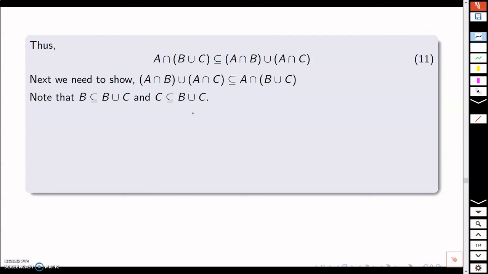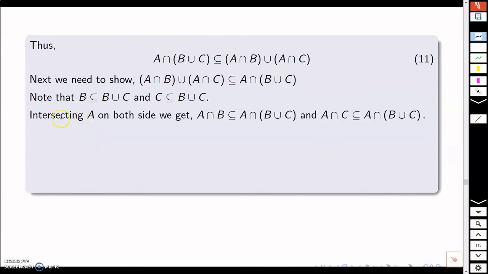In one of the properties just now we saw that if B is a subset of C, then I can intersect any set I like on both the sides. So that's what I'll do here. Intersecting A on both the sides, I get A intersection B is a subset of A intersection (B union C), and that's what I have here. And along with this, I will intersect A in the second expression also. So I'll have A intersection C is a subset of A intersection (B union C).